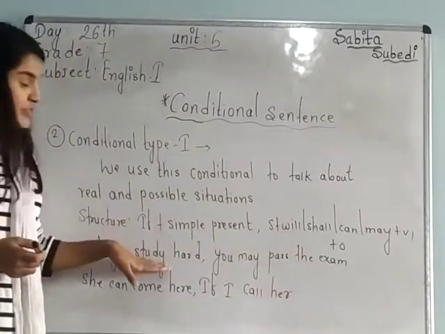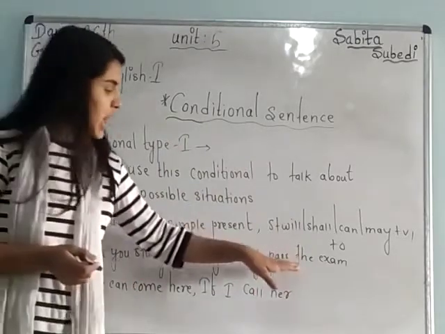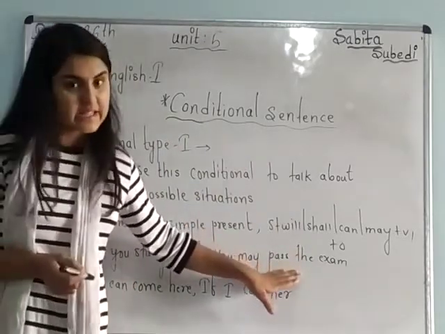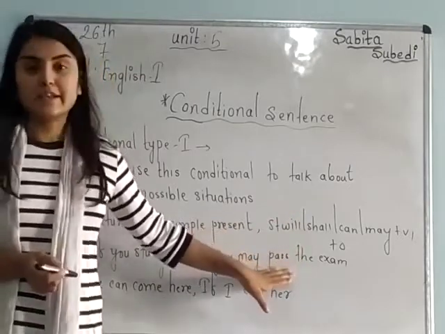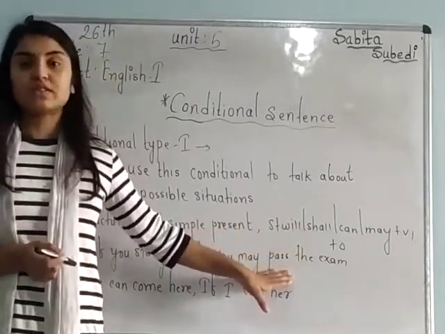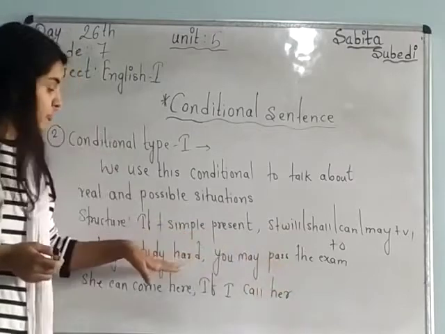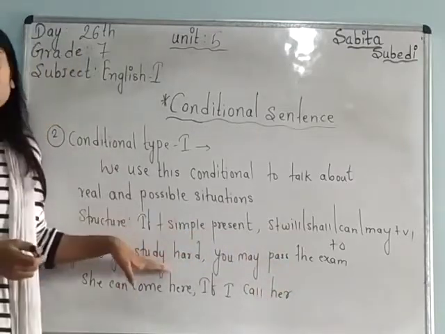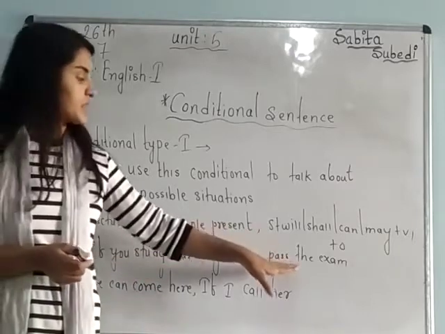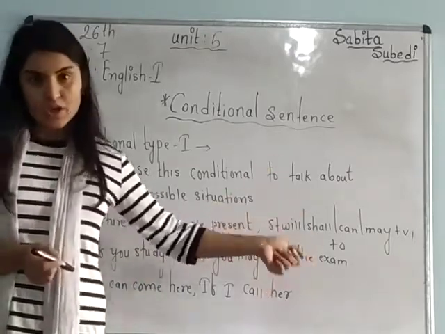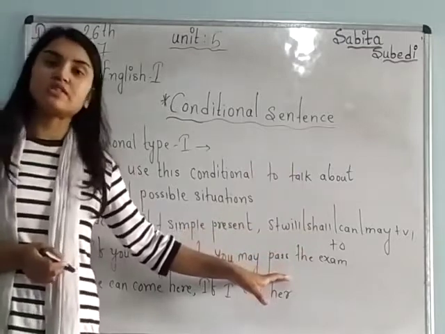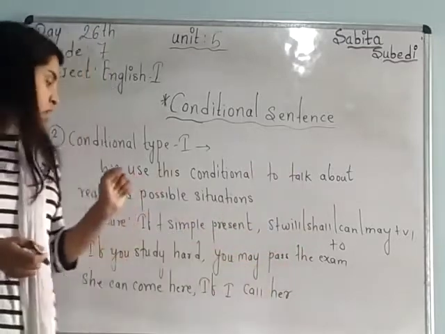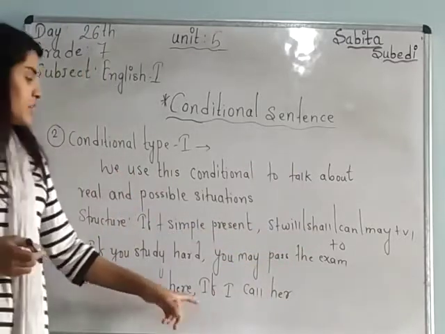So if you fulfill this condition, the outcome or the result is likely to happen and it is possible to occur. She can come here if I call her.